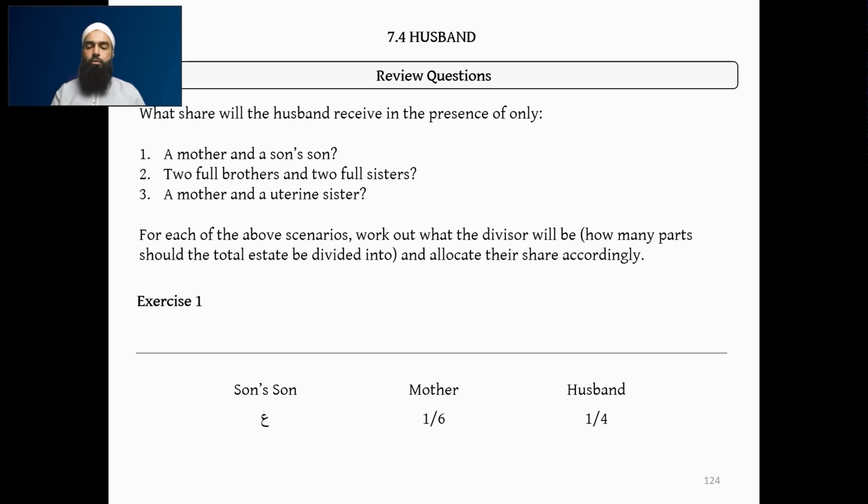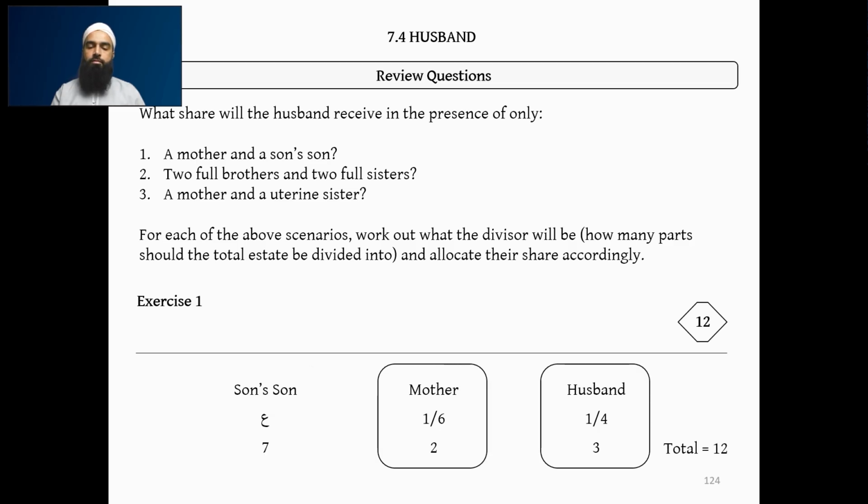So we take the 4 as the denominator, multiply by 3, and we get our divisor as 12. Husband receives a quarter of 12, which is 3. Mother receives a sixth of 12, which is 2. And the remaining 7 goes to the son's son. Total is 12, and we have everything correctly distributed.